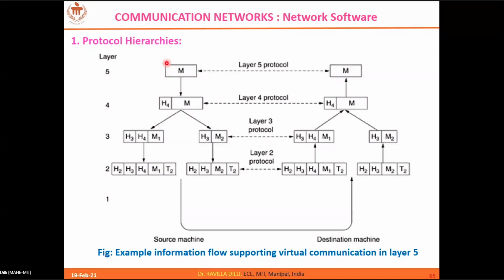This layer 5 at mission 1 and the layer 5 at mission 2, they feel that they have direct communication, because whatever I type, immediately I'll get a reply in English from my friend, right? So I feel that I'm directly connected to my friend.